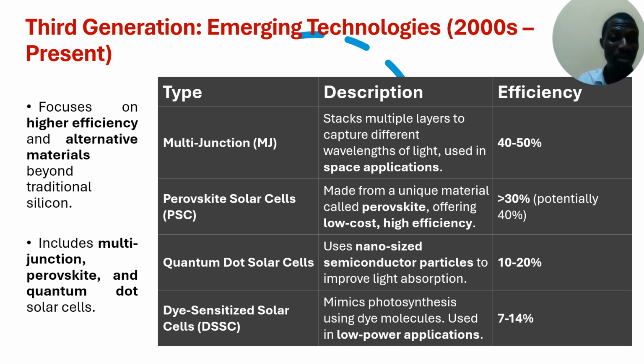The major drawback about this particular solar cell is that the lifespan is very short. So the aging is very rapid. And as it ages, the efficiency declines, but very cheap. So efficiency between 7 and 14% has been achieved.